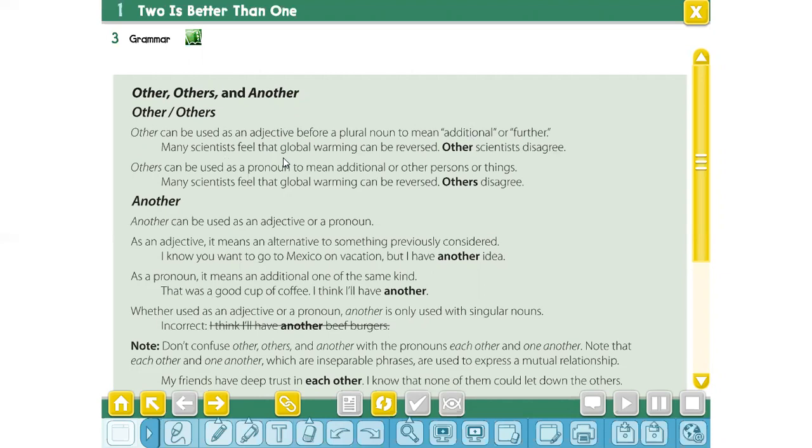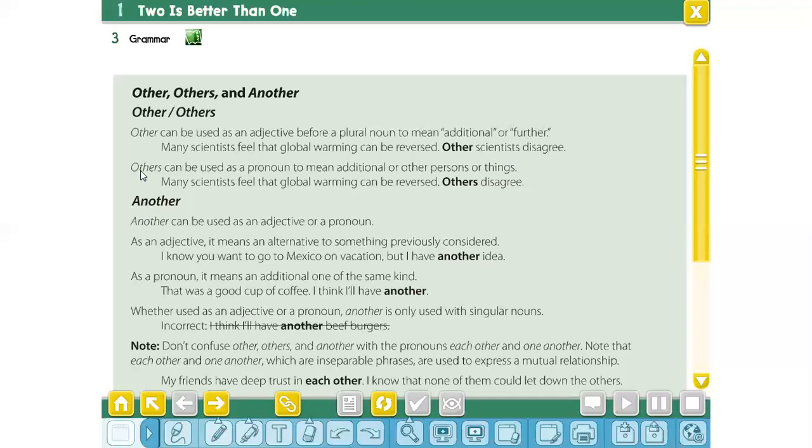Other scientists disagree. So some scientists agree that global warming can be reversed. Other scientists disagree. So here, other is an adjective followed by the noun scientists, meaning additional or further. So other scientists means additional scientists, further scientists, and so on.